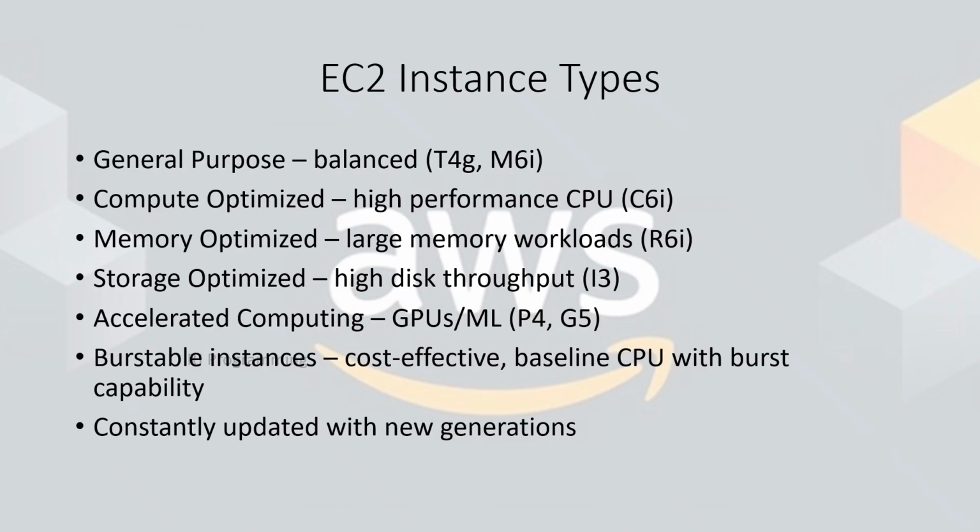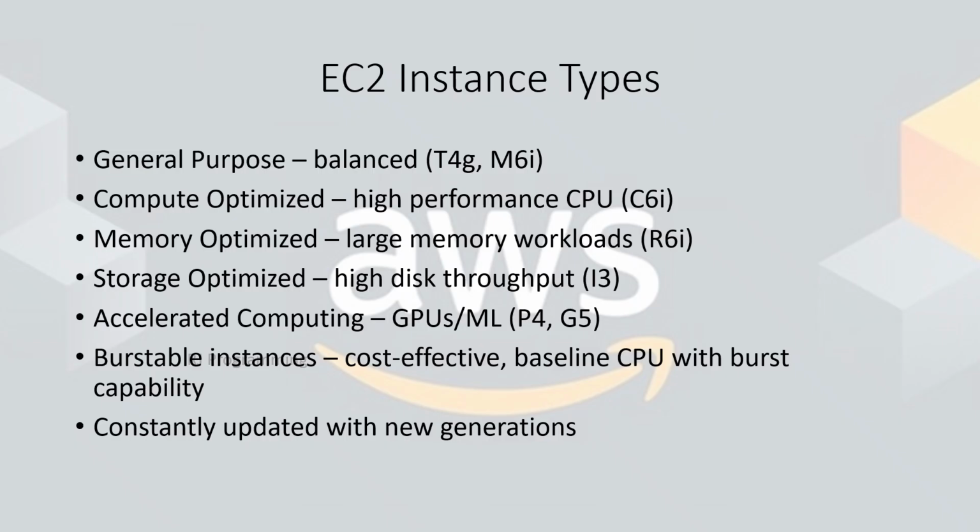Moving on, AWS offers a huge variety of instance families to fit different needs. General purpose balances CPU, memory, and networking. These are great for web servers and everyday workloads. Compute optimized gives you more processing power for CPU intensive tasks like batch processing or gaming servers.